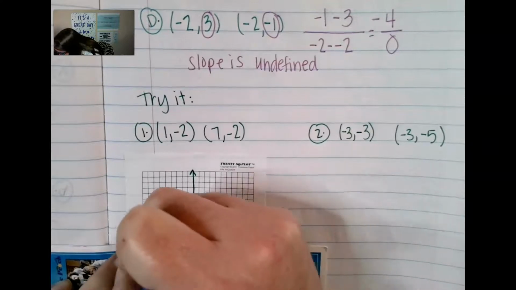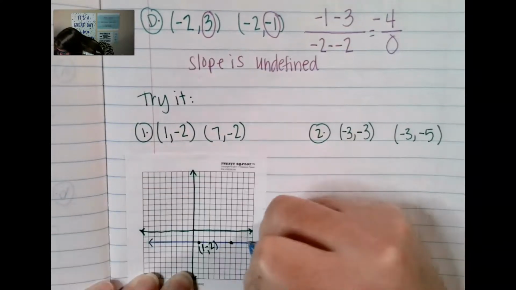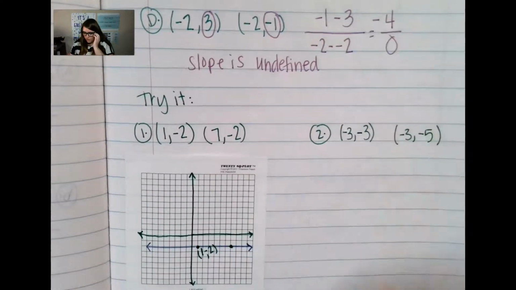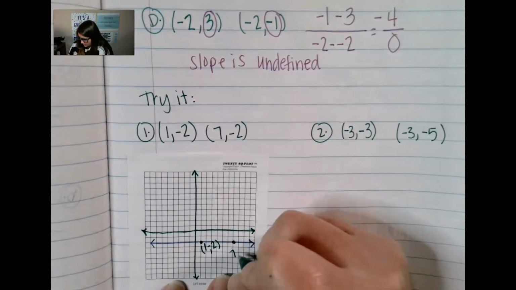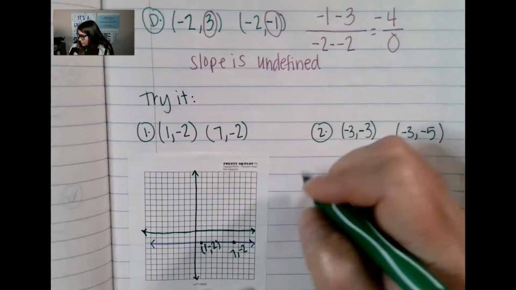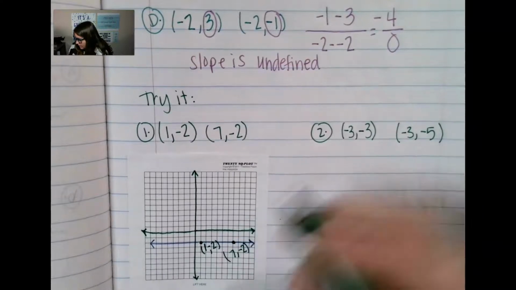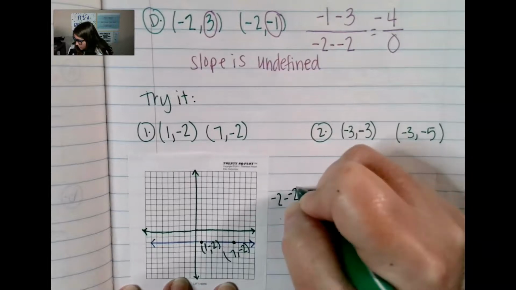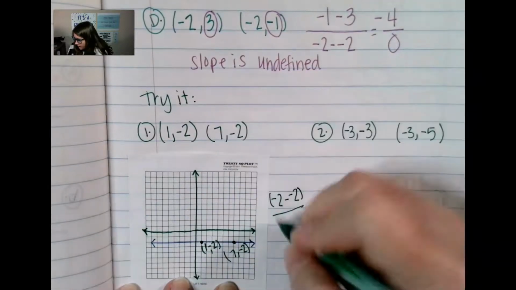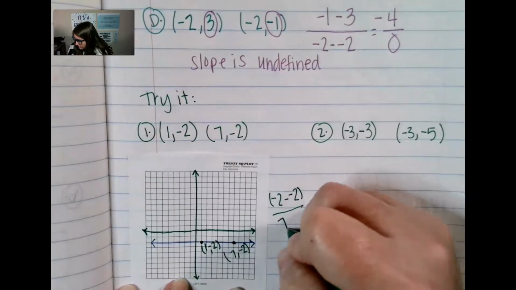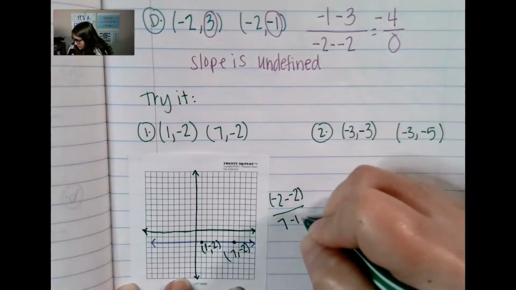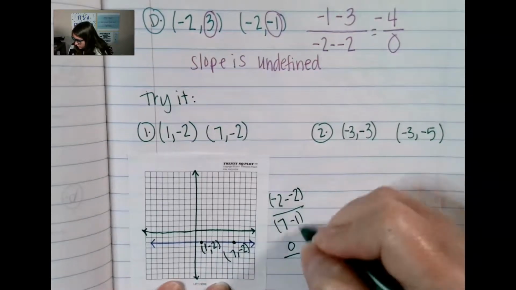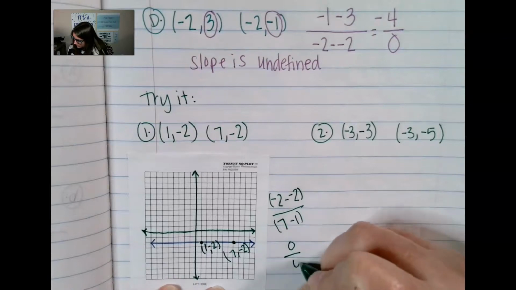and a horizontal line has a slope of 0. Because when you take your y values first and you subtract negative 2 minus a negative 2 on the top, and on the bottom you have 7 minus 1, you get 0 over 6.